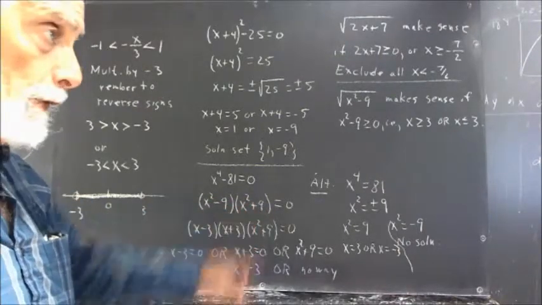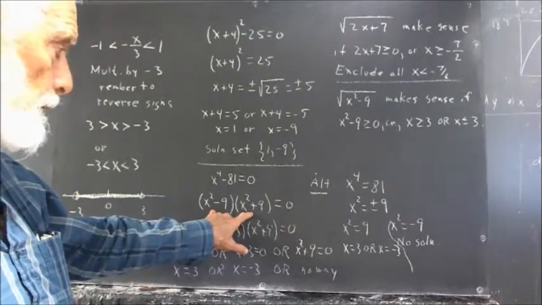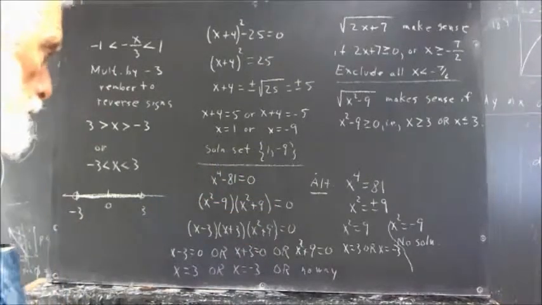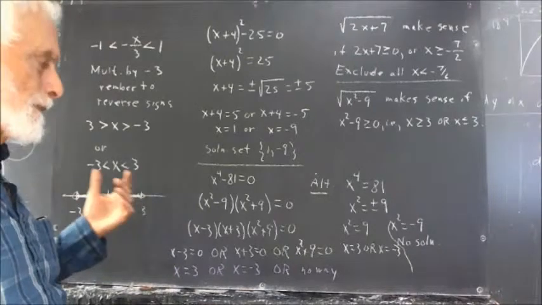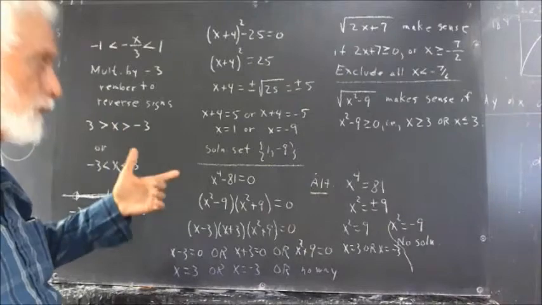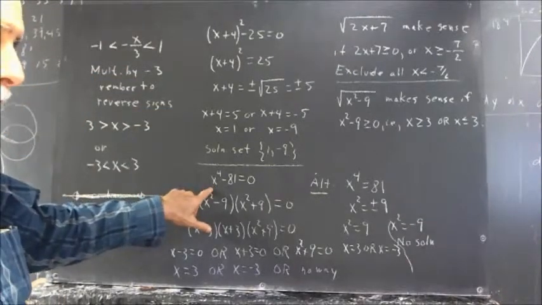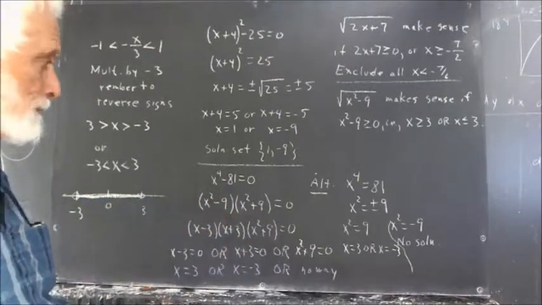Make sure you convince yourself of that and understand that that's just the result of a special formula, the special formula for the difference of two squares. x to the 4th being the square of x squared, 81 being the square of 9.